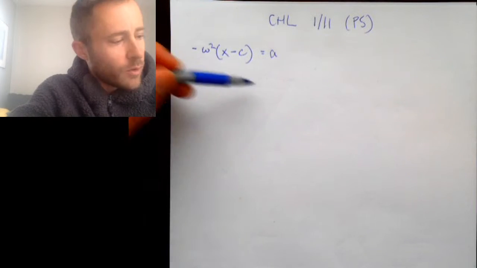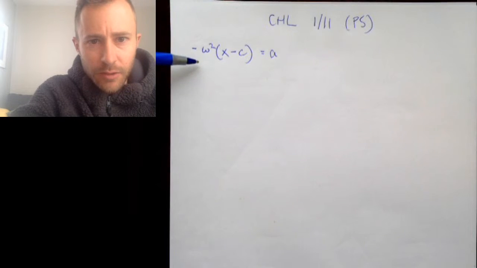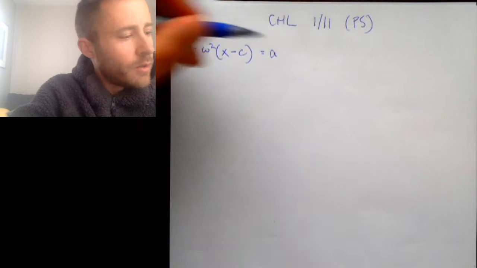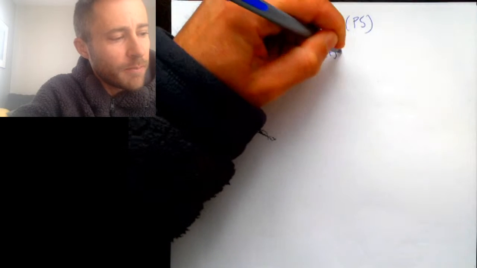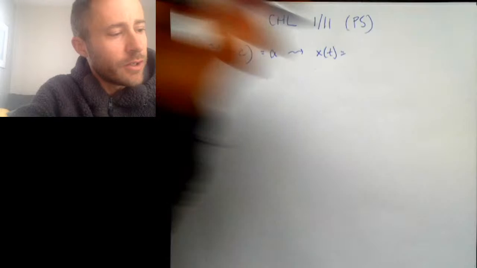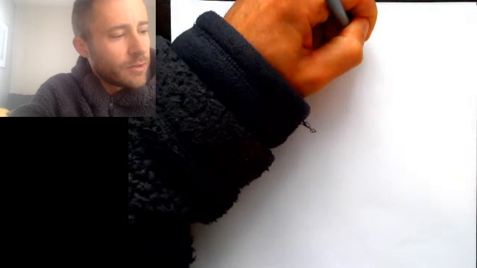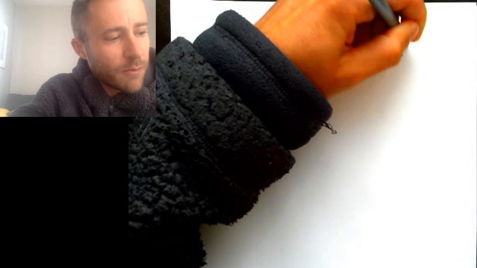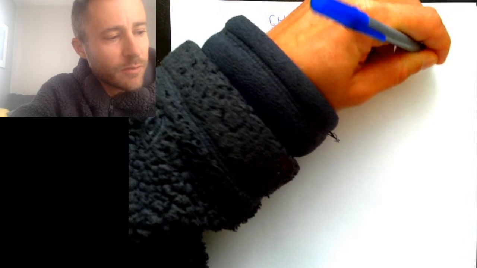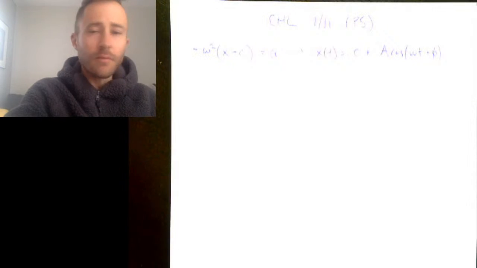So if your equation of motion is this, then that means that your position as a function of time is going to be c plus a cosine of omega t plus phi.